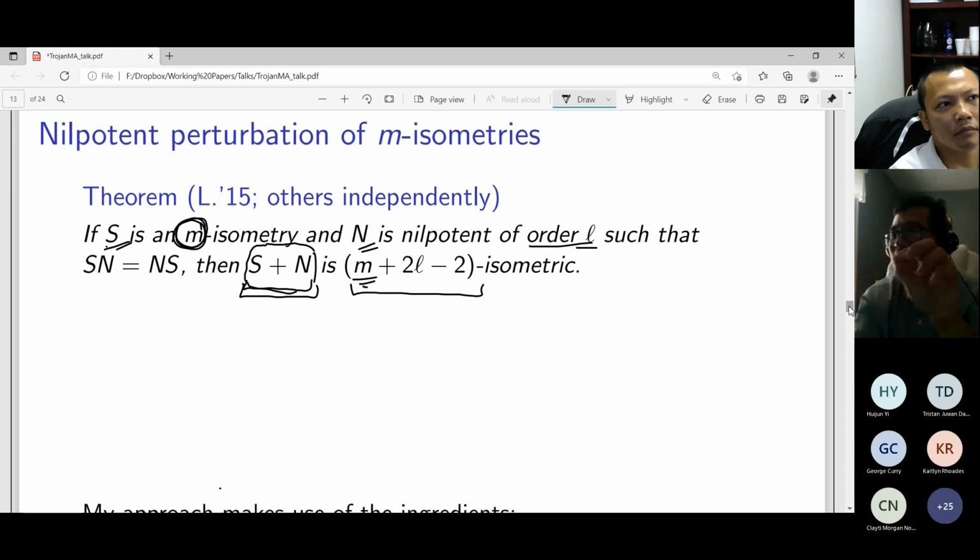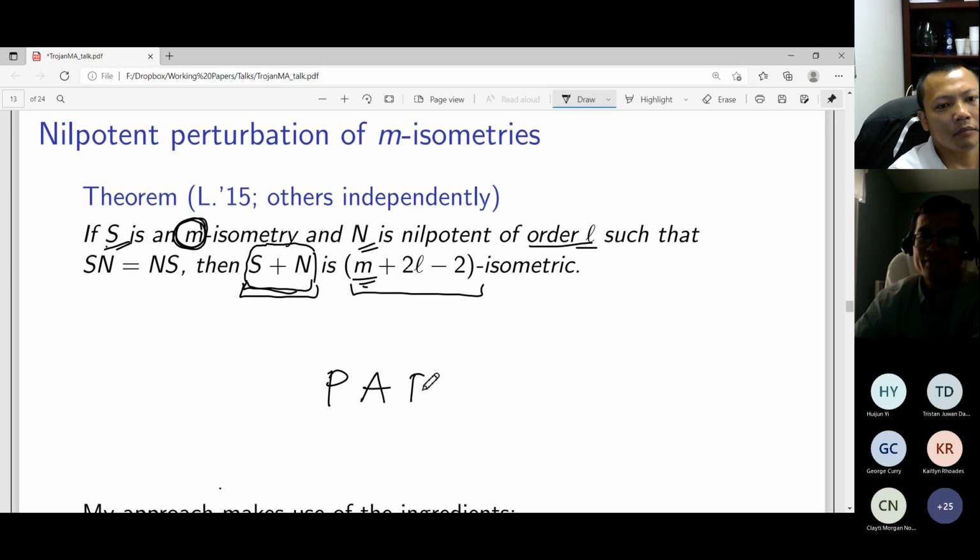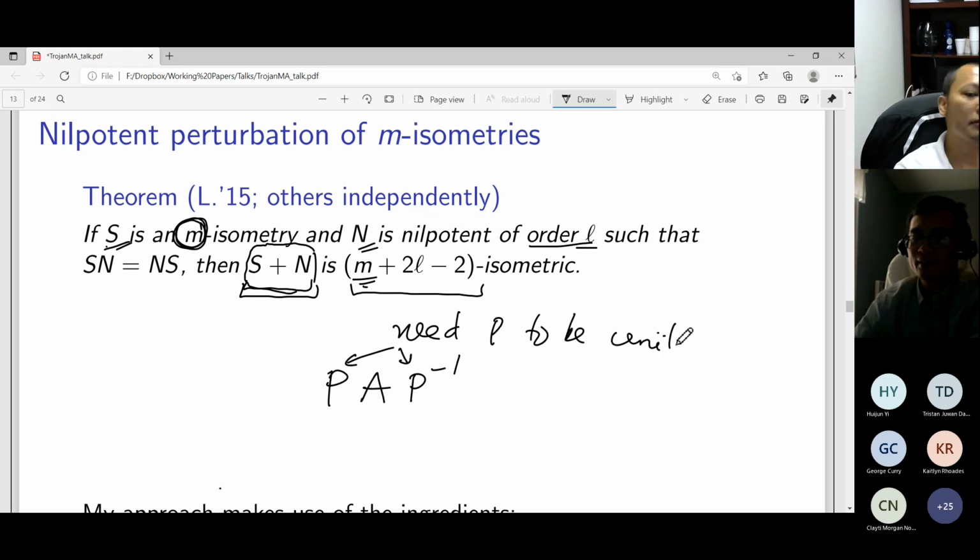By similarity, I mean you multiply by P and then P inverse, and we do need P to be unitary in order for it to preserve m-isometry. It's an interesting question that you asked, but I haven't talked about that.